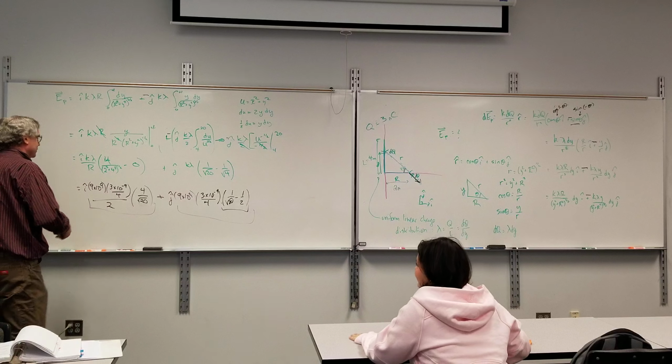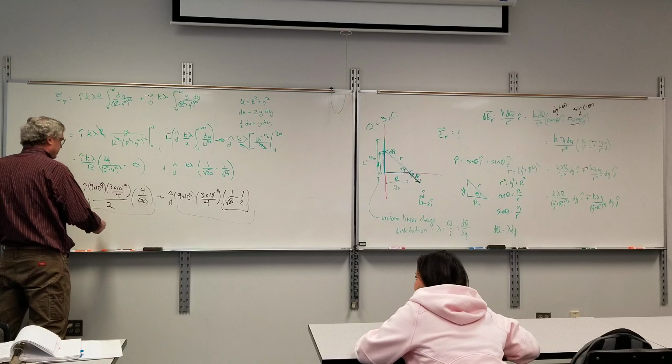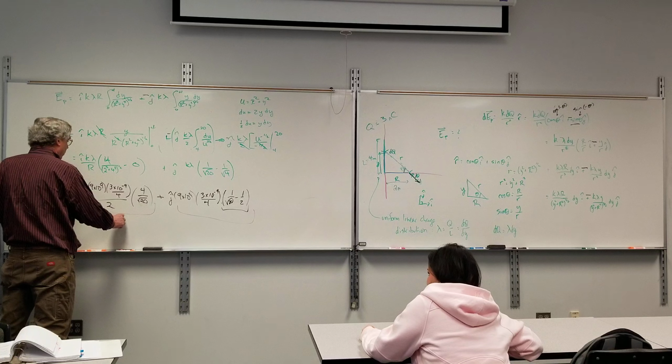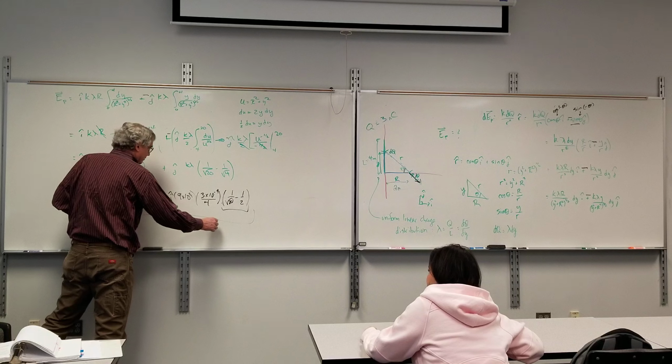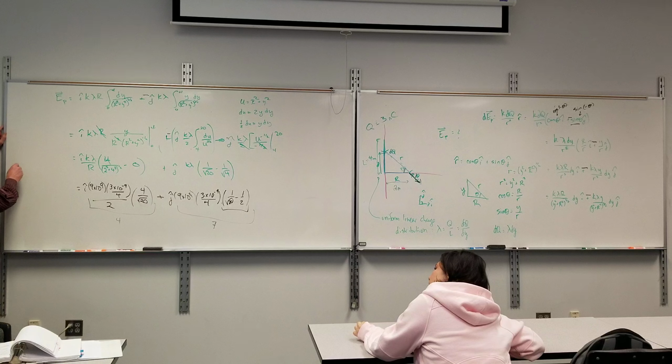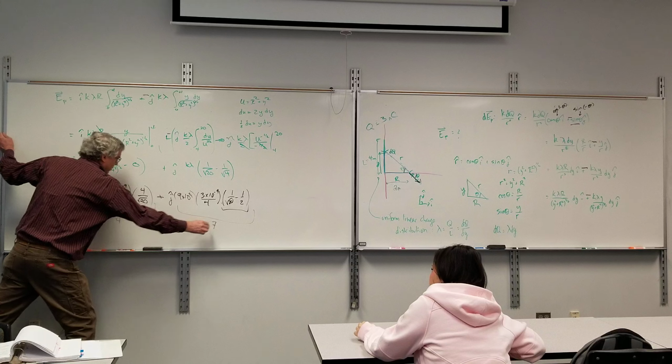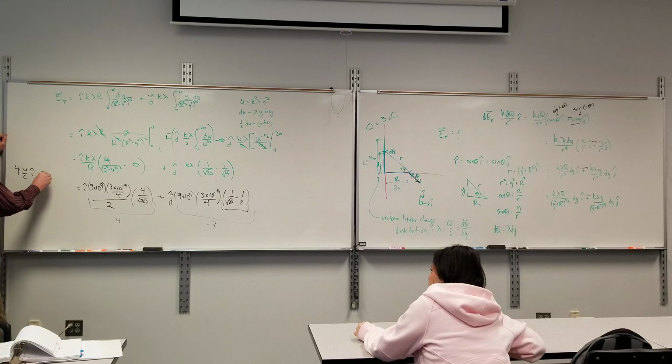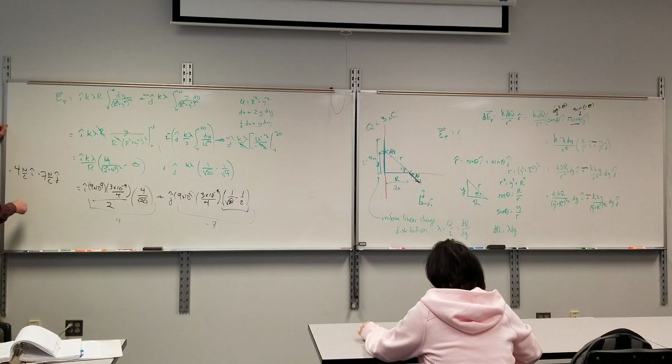Let's just say, I'll make up a number here, this ends up being 4, and this ends up being 7. Then I would write the final answer as 4 newtons per coulomb I hat, actually that should be negative, minus 7 newtons per coulomb J hat. That's perfectly acceptable as the answer, assuming 4 and negative 7 are correct.